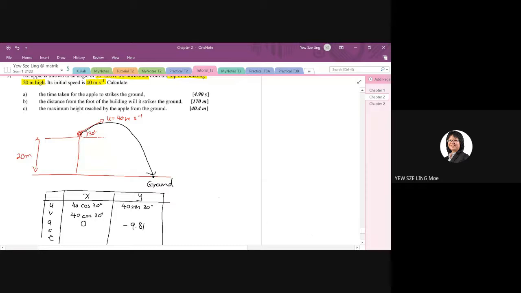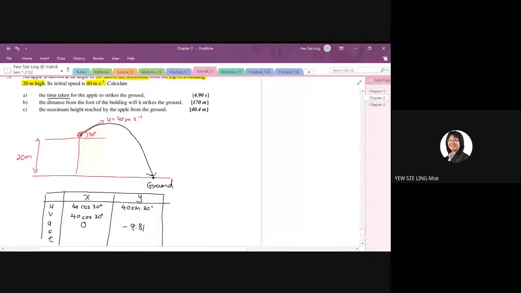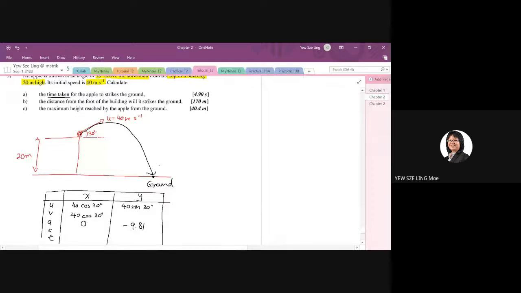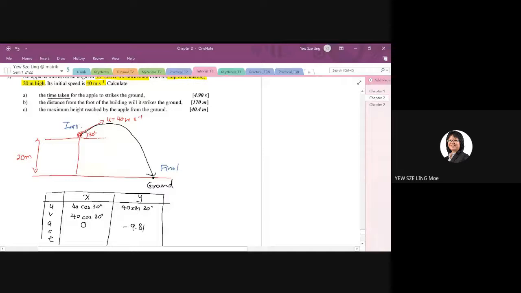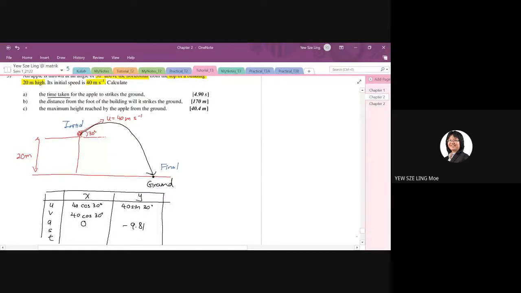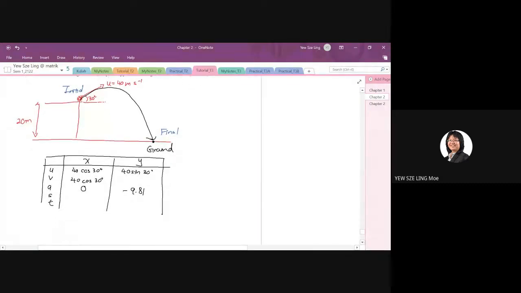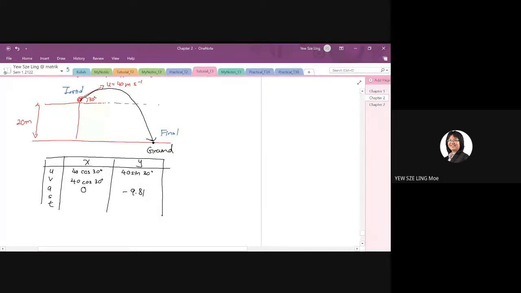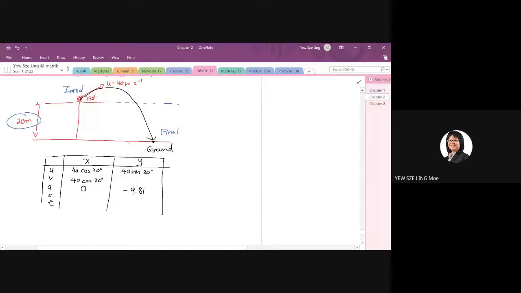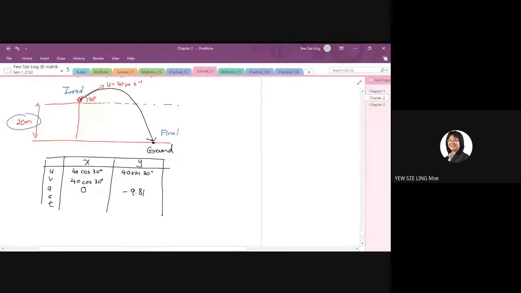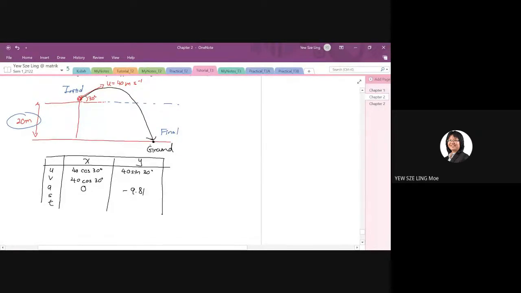Now, how about S? This question asks you to calculate the time taken for the apple to strike the ground, so the ground is your final position, and this is your initial position. For displacement, we look at the shortest distance between the initial and final position, which is 20 meter. Is the final position above or below the initial?